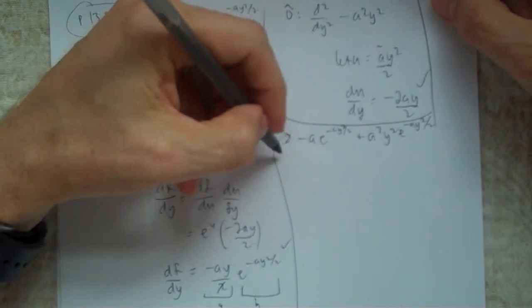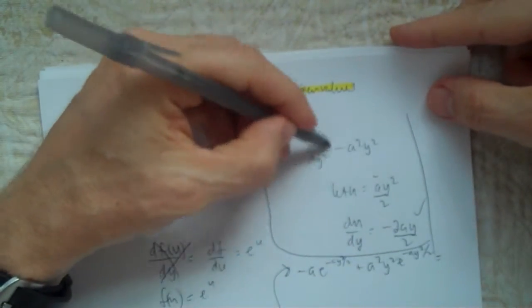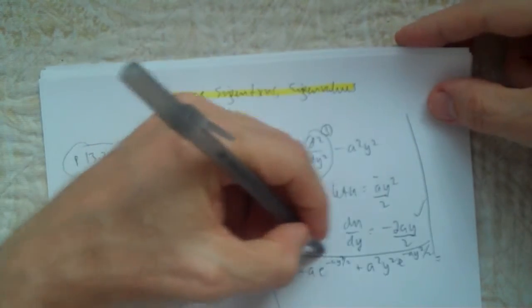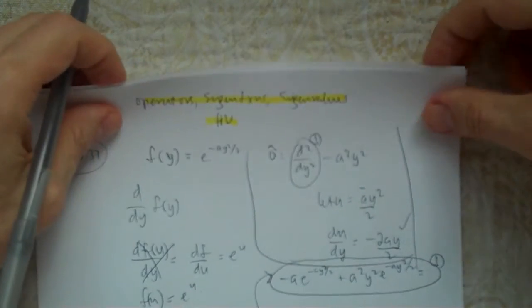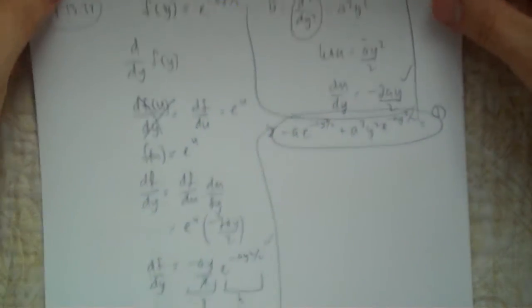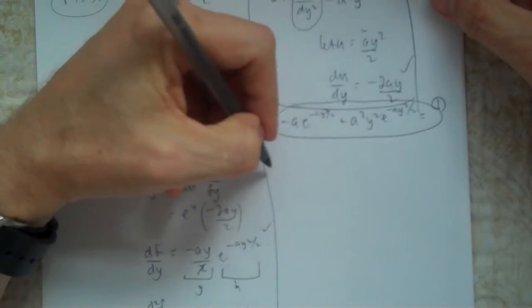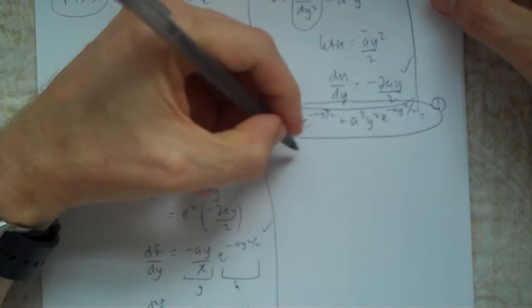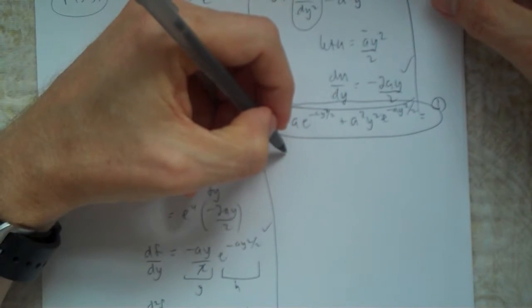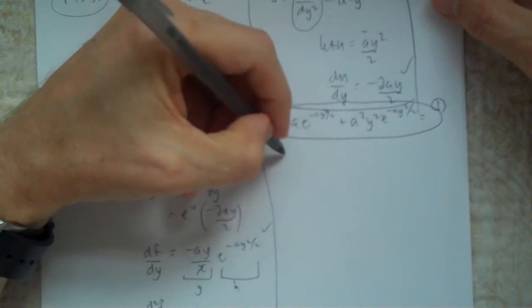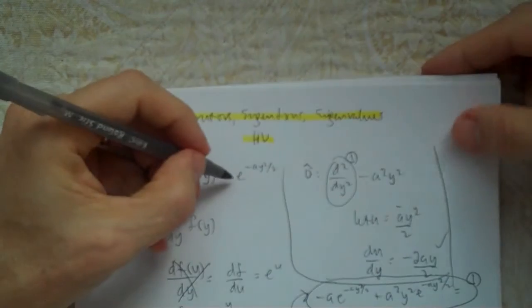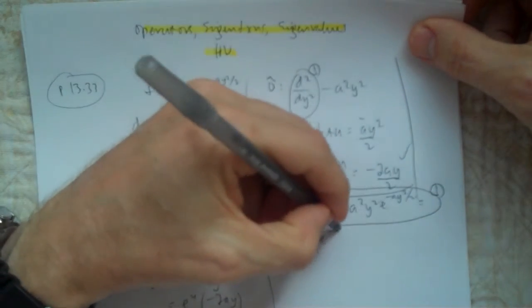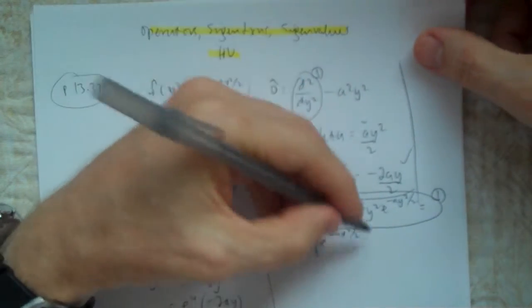So that's just the first half of this operator. That's just that part right there. Now let's do the second part: a squared y squared times the function again, e to the minus ay squared over 2.